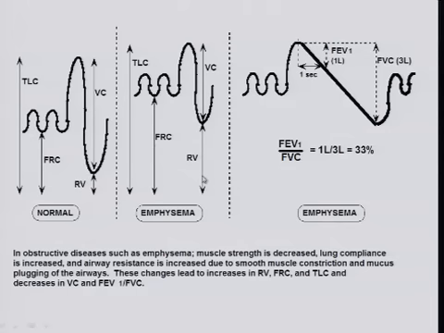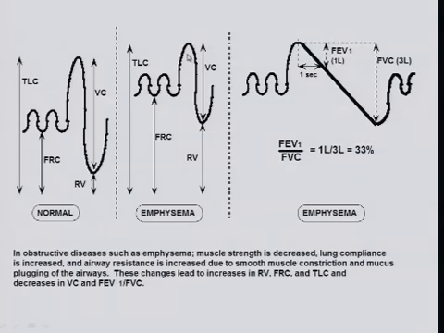Hence, we have a higher residual volume and creating a higher FRC. Also, we have a diminished vital capacity, which makes sense because now if we can't exhale as much, our vital capacity is going to be decreased.